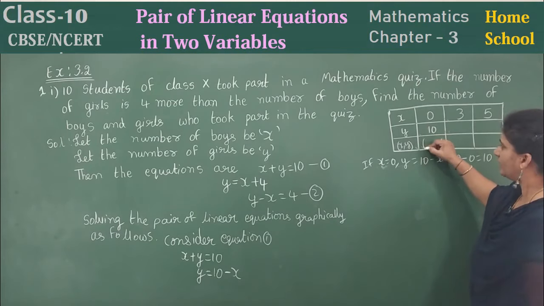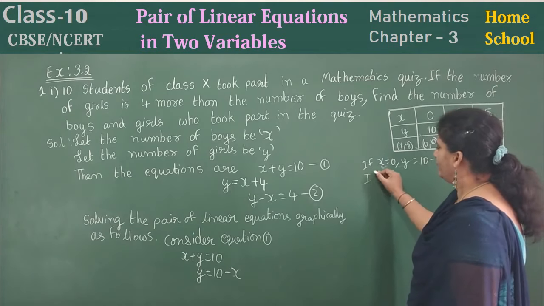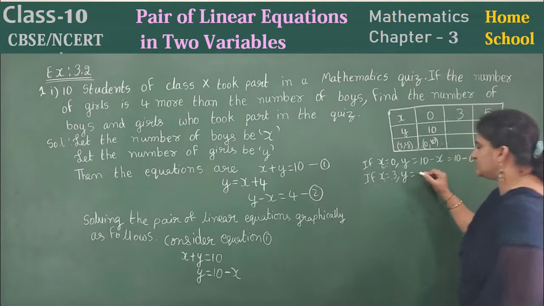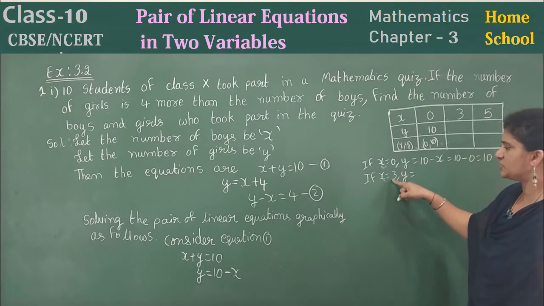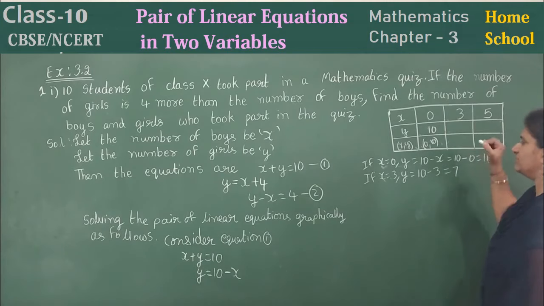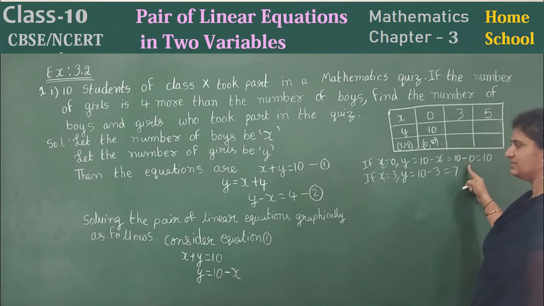Okay, your coordinate will be (0, 10). Similarly, if x is equal to 3, y is equal to, in x place you have to substitute this value, 10 minus 3, that will be 7. So I have taken the equation and then substituted children.